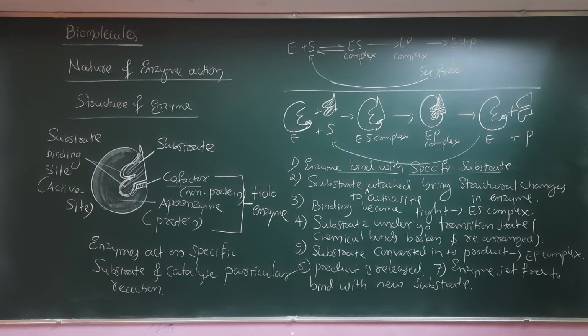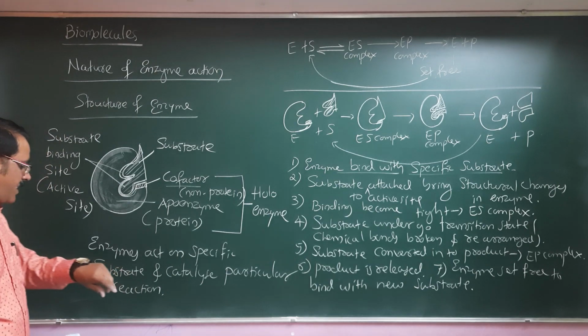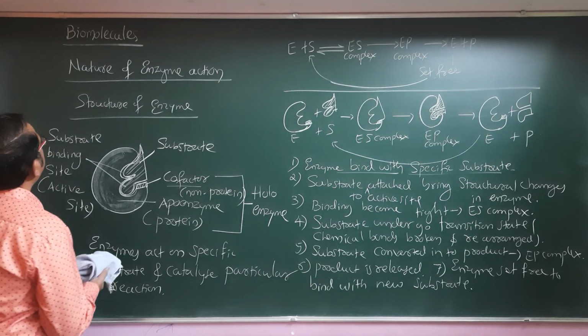This is all what we say mainly the catalytic activity or catalytic cycle done by the presence of enzyme. Fine. So the next concept we are going to discuss is all about mainly the factors influencing the enzyme activity. Let us understand that also.